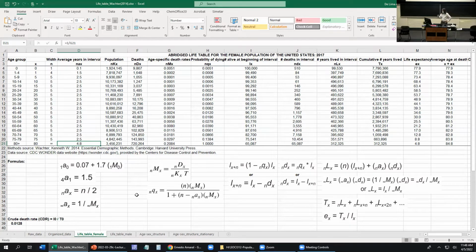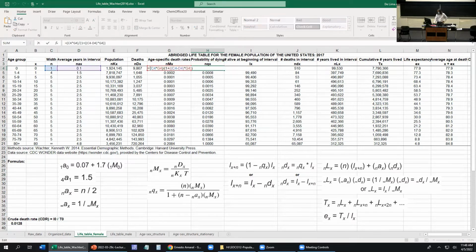So now we have all the information to calculate the probability of dying in a specific age group. This is the formula.